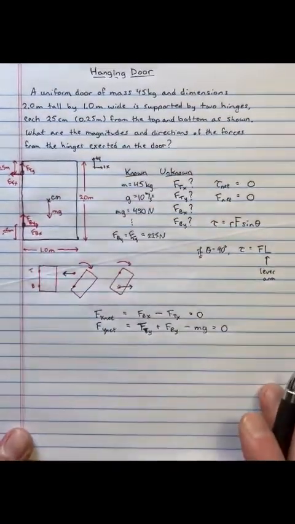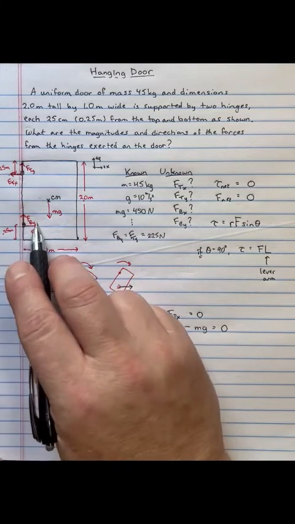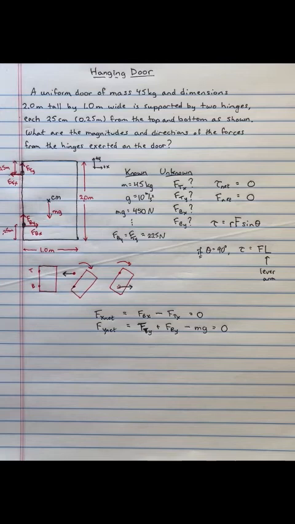So rotation is either clockwise or counterclockwise, depending. And we can define positive or negative in a moment as we see fit. But that also means we are defining rotation around this axis. We're going to call that axis B for bottom, okay? Now, by the way, we could also do an axis for the top over here and talk about rotation around the top hinge and call that axis T, if you will.